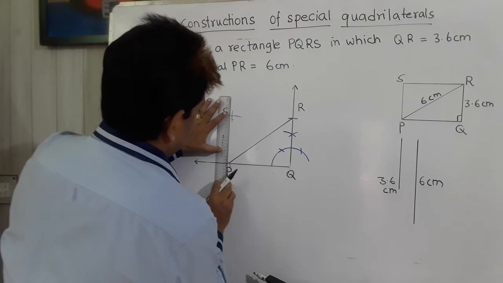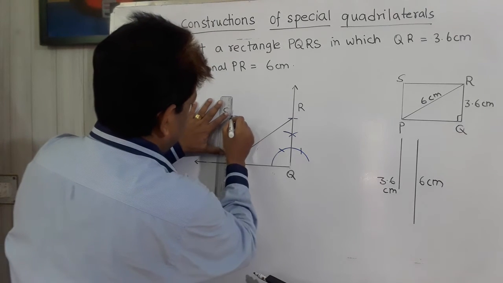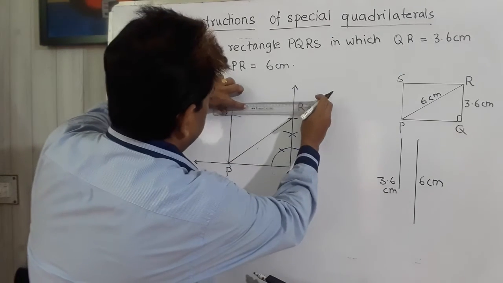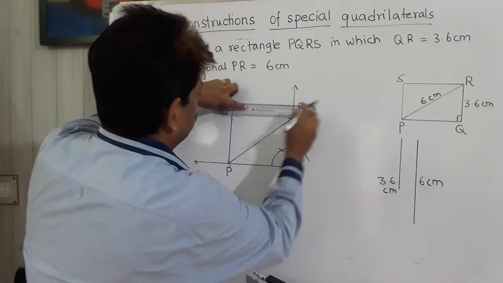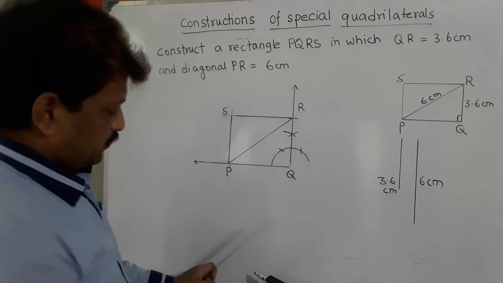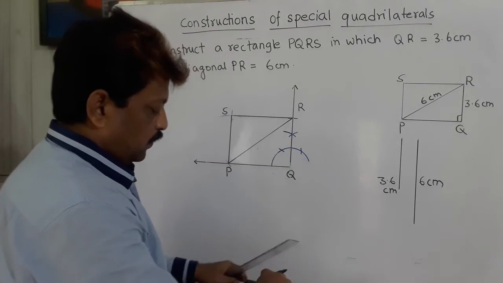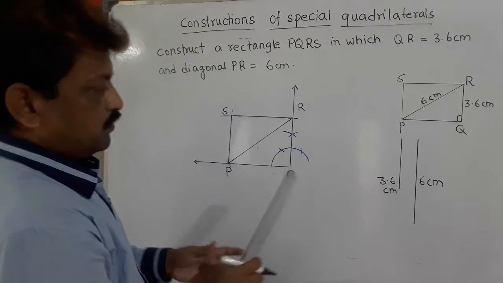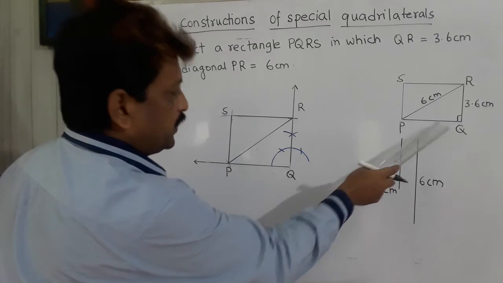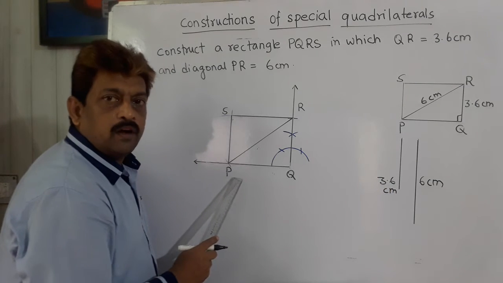Now P and S are joined. Similarly, Q and R are also joined. Understood? So since in a rectangle the opposite sides are equal, that is why I have taken the length RS equals to PQ, because PQ is already obtained.